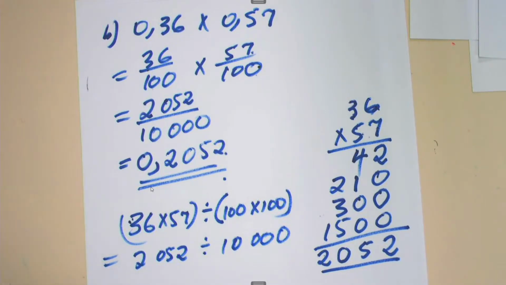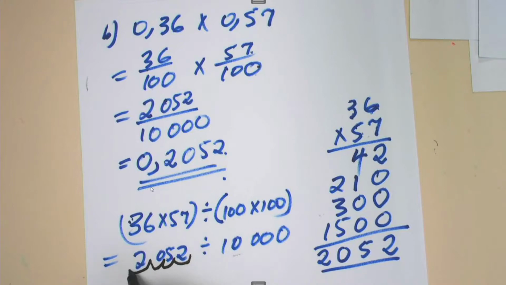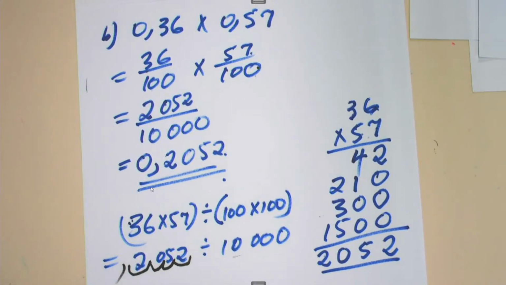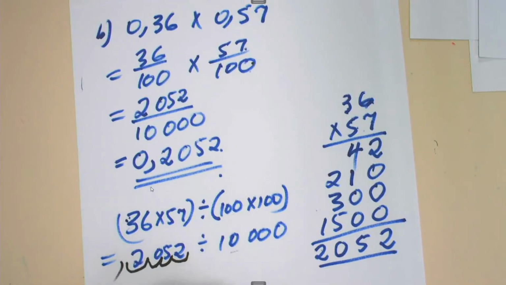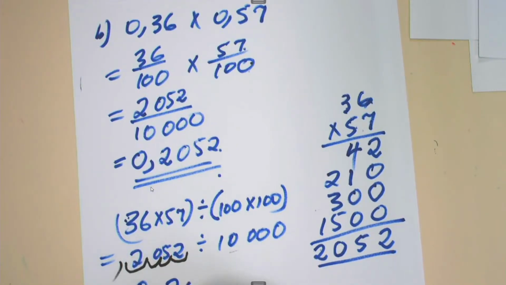Will shift how many places? It will shift 4 places, ne? To the left, as if the comma is going this way, 1, 2, 3, and then 4. And then there is your comma, and then your answer is 0,2052.